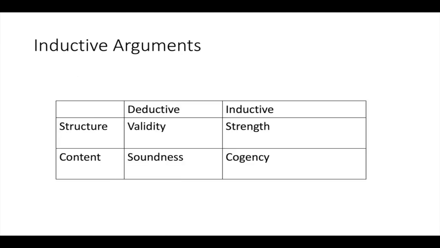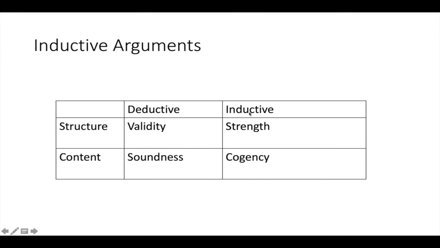Okay, and that leads to the completion of our table here, because we've considered how to evaluate deductive arguments on the basis of their structure, namely, are they valid or not, and their content, whether they're sound.